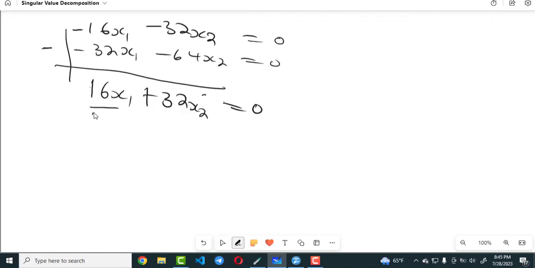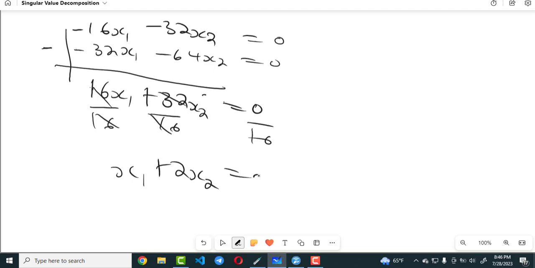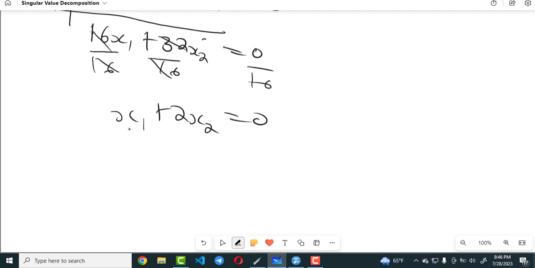After getting this, we can divide by 16, we cancel this and this, and we get x1 plus 2 x2 equals 0.